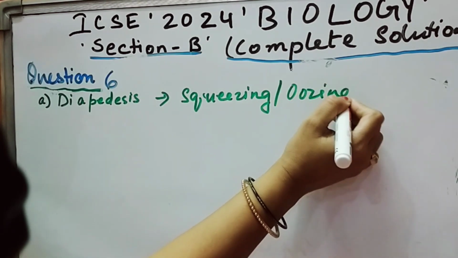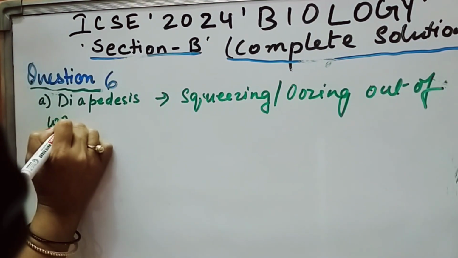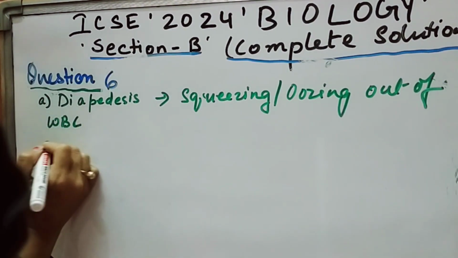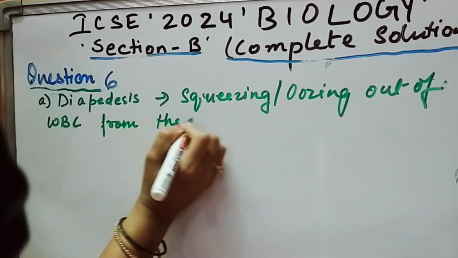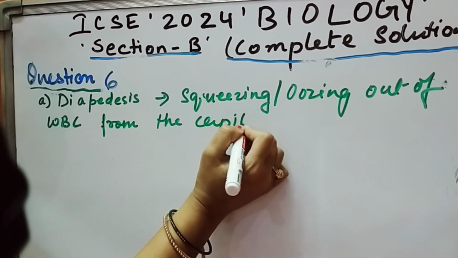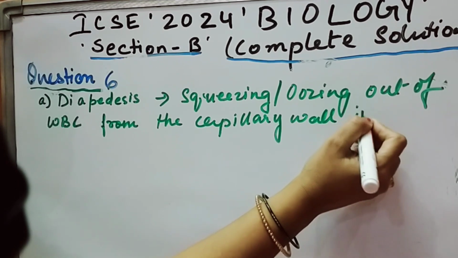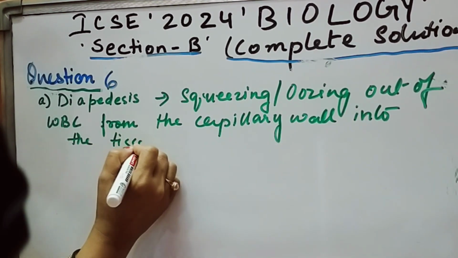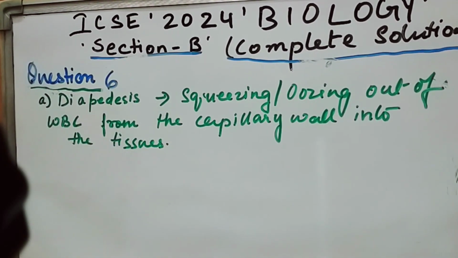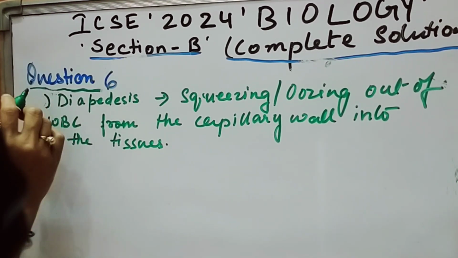Oozing out of WBC from the capillary wall into the tissues. So it's a phagocytic movement of the WBC to engulf germs. So this was subpart 1.